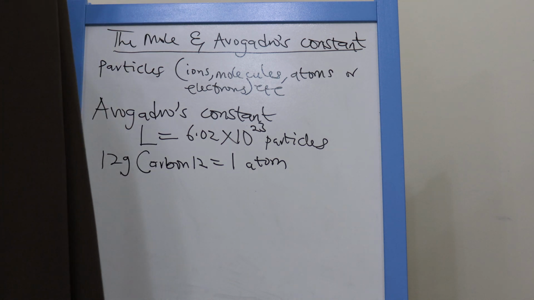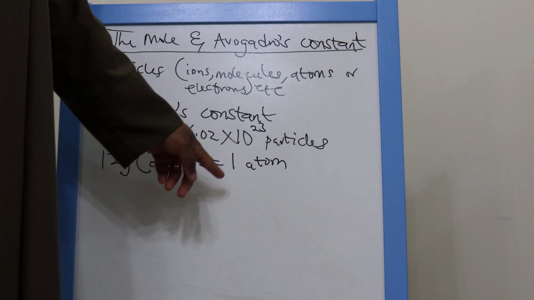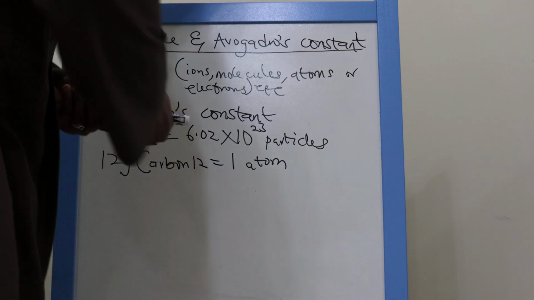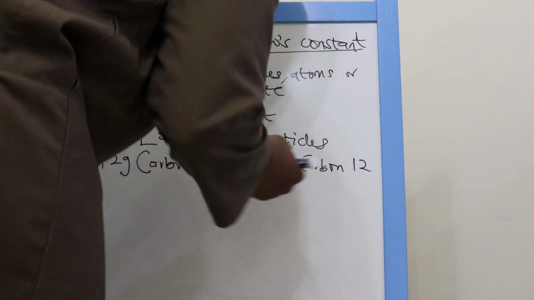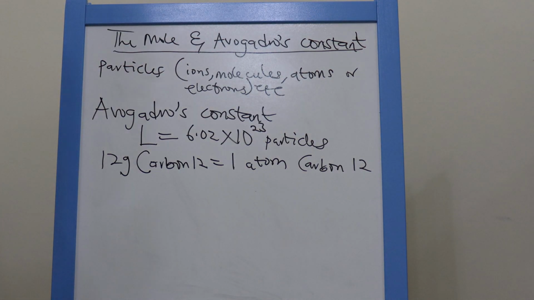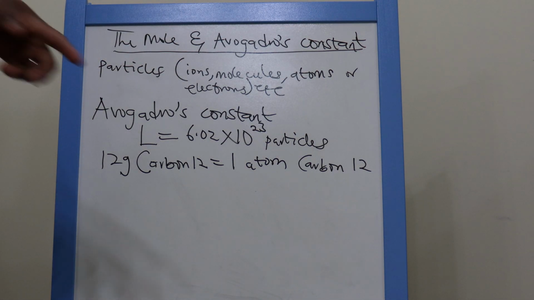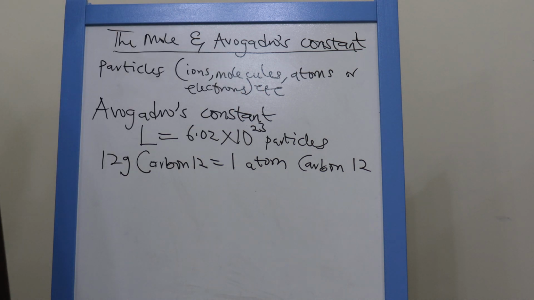So if you say 12 grams of carbon 12, it's the same as 1 mole of carbon 12 atoms. In this case, 2 moles of carbon 12 will give you 24 grams, twice of that. So that is the scenario we are painting here.